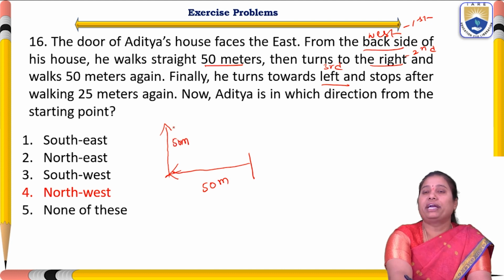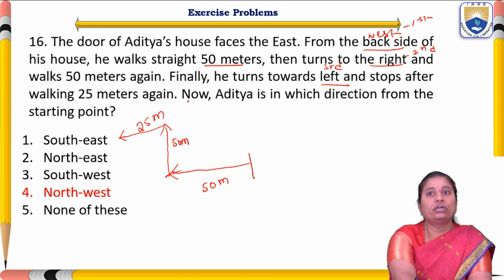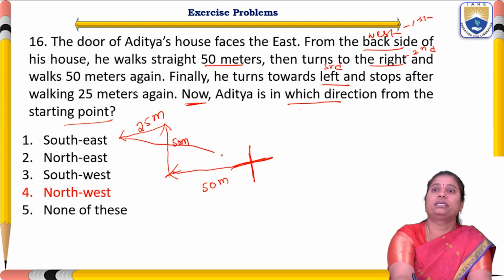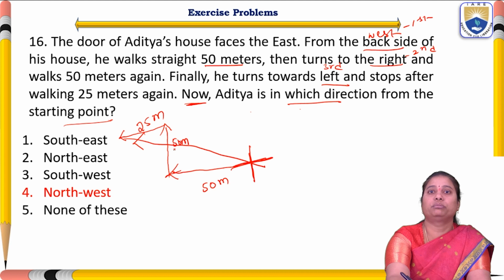Finally he turns to the left, so now he is in the west direction, and stops after walking 25 meters. Now, the question is in which direction is Aditya from the starting point. So this is the starting point. From that point we have to draw this, and this ending point is in which direction? This is north, this is west. In between is called the northwest direction.